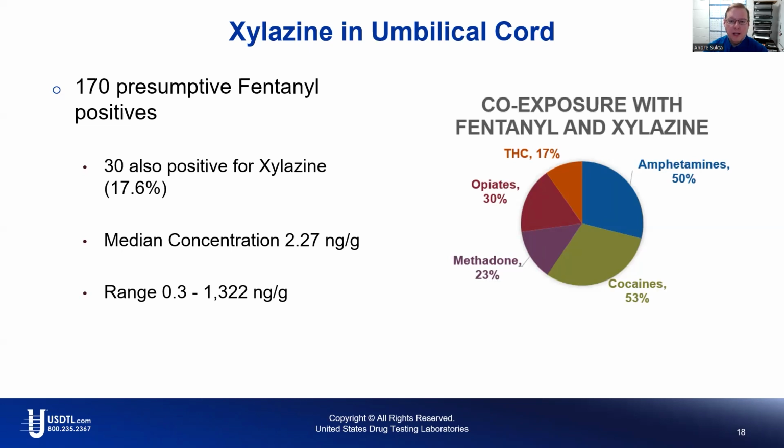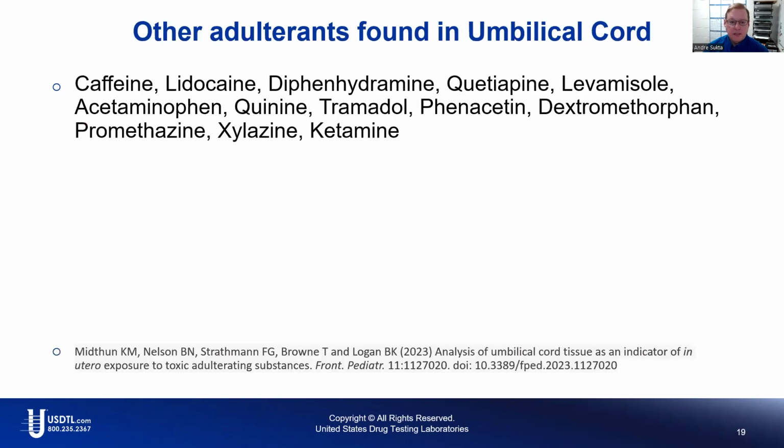So we found a variety of different amphetamines, cocaines, methadone, opiates, and THC. Some of the other adulterants, a report was just published, that were found in umbilical cord: caffeine, lidocaine, diphenhydramine, quetiapine, levamisole, acetaminophen, quinine, tramadol, etc. So these are some of the other adulterants that have been found in umbilical cord samples.